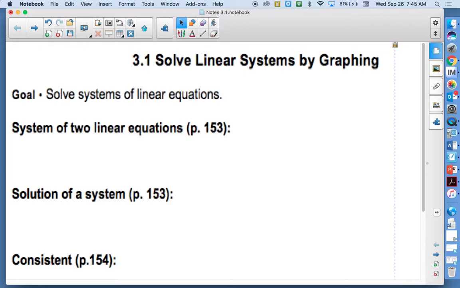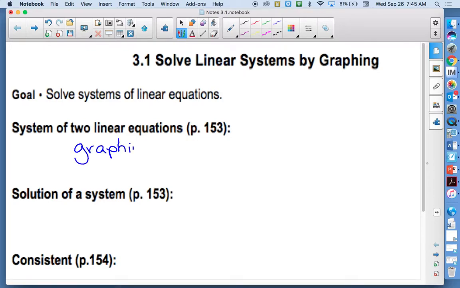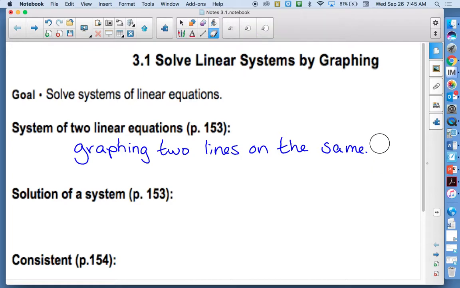What do we just do in the calculator? Say it again? They equal each other. So a system of 2 equations is just literally graphing 2 lines on the same grid.